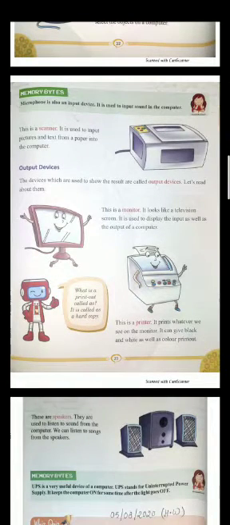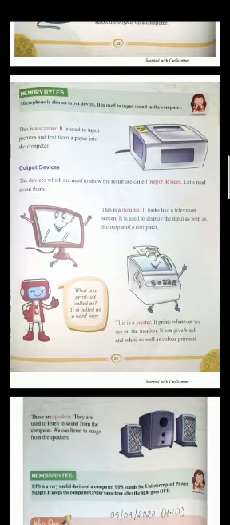The monitor is the output device. We can see the input we have given and also the result after processing.